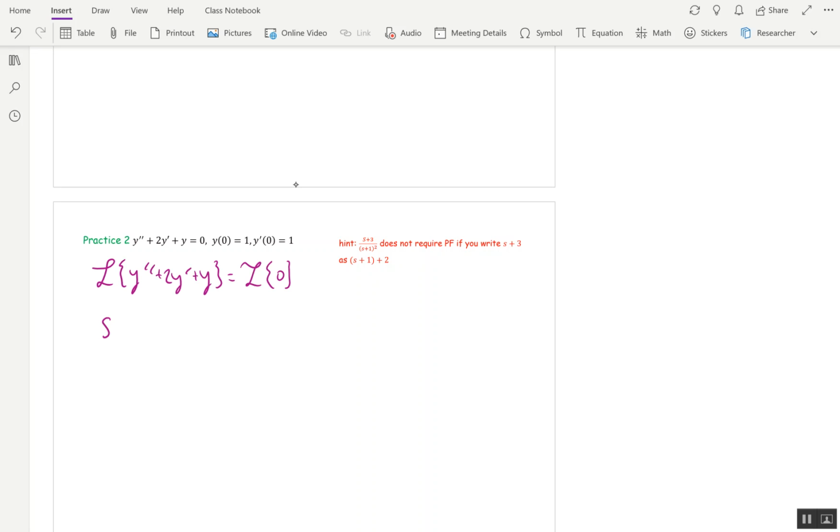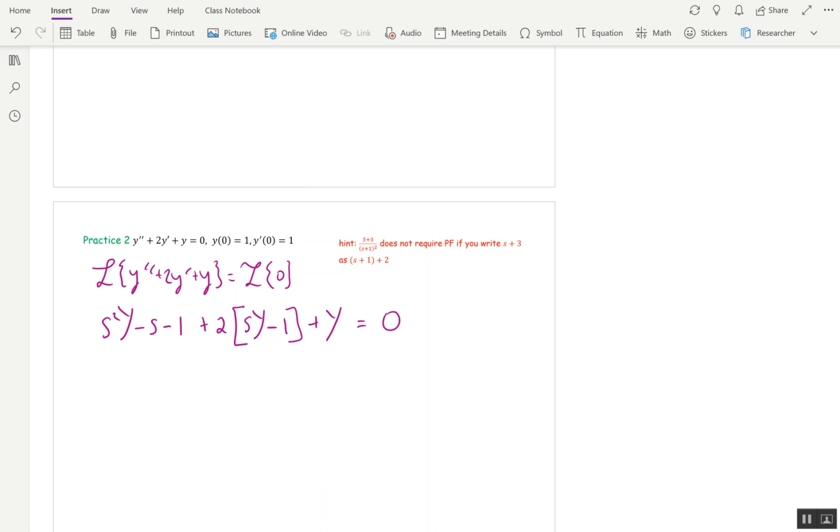All right, so s squared big Y minus sy of 0. So minus s minus y prime, which is 1, plus 2. L of y prime is s big Y minus y of 0, minus 1, plus big Y. And that equals L of 0, which is 0.